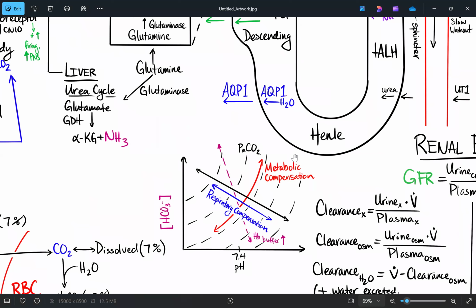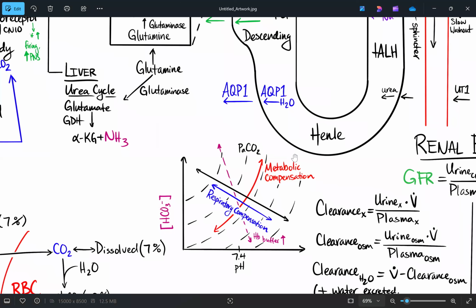So let's say your pH increases, so it's higher than 7.4. What you want to try and do is get back to a normal pH by going along that respiratory compensation line. So you will shift to the left by breathing out more. Or if your pH drops, that means you have not enough bicarb, and therefore you're going to breathe out less, and so you'll shift to the right.